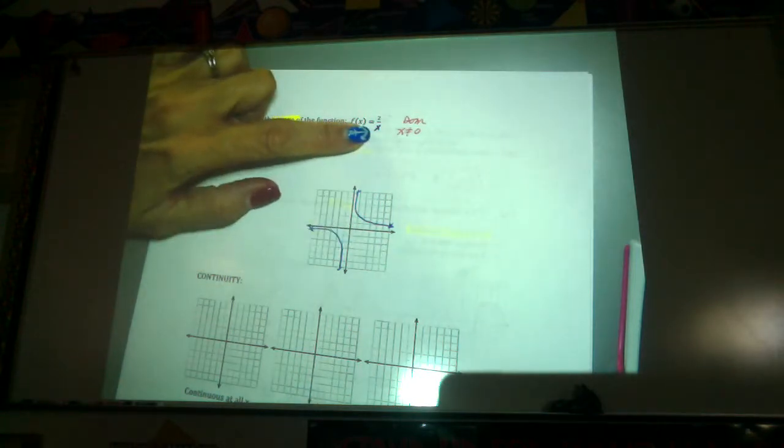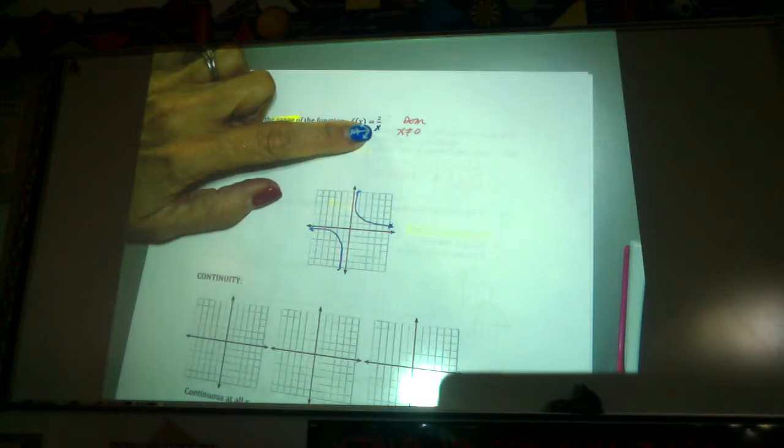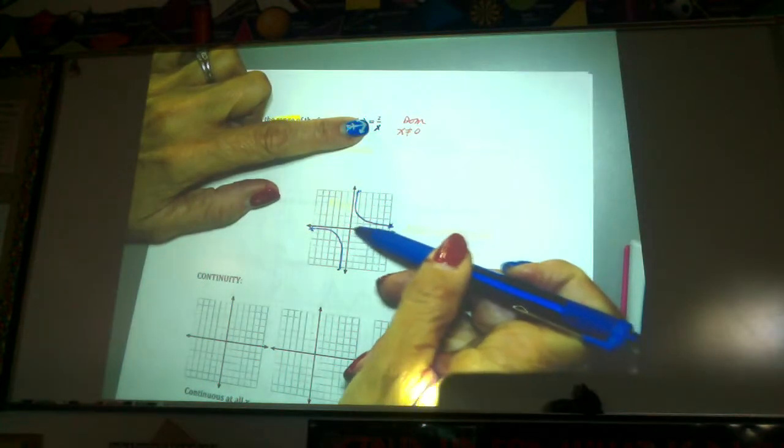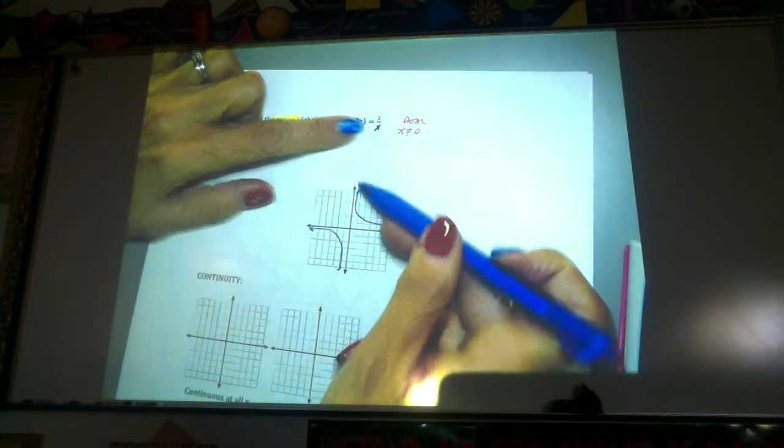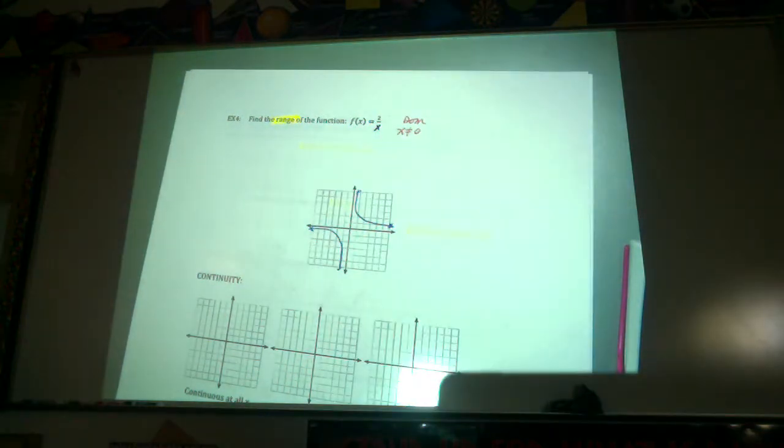If x is a fraction itself less than 1, what is 2 divided by 1/2? Multiply by the reciprocal. 2 divided by 1/2. 4. So the smaller x becomes, the larger y becomes. So that's why this graph is acting the way it is.